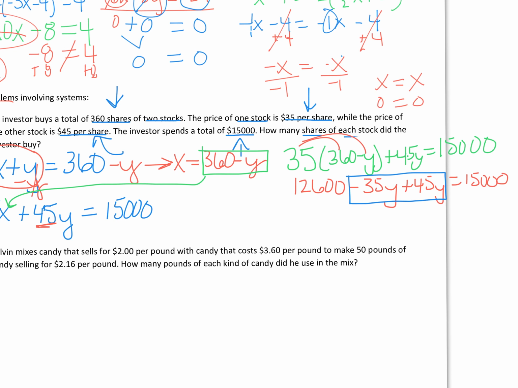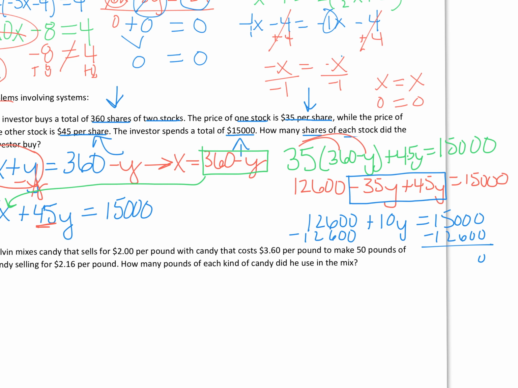Don't forget that negative that's in front of the 35. So basically, if I have 45 minus 35, I get 10y. Bring everything else down. And since it's a positive 10y, I'm going to put a plus. Oops, that should be a 6. Let me erase it. Okay. All right, and then bring that down. Then I just subtract, because this is a like term with the 15,000.